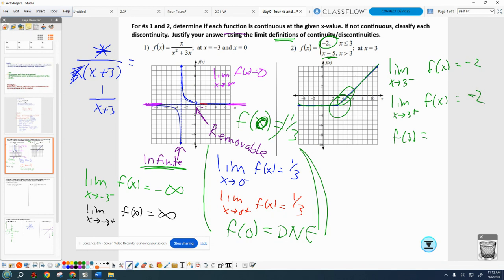Right now, I don't know if the drawbridge is stuck open, or if the bridge has been washed away. I need to know where the function is exactly when x is 3. Gideon said the equals is here, so I'm gonna go to the top value. From the left, it's -2. From the right, it's -2. At 3, it's -2. So what does that mean? It's continuous.